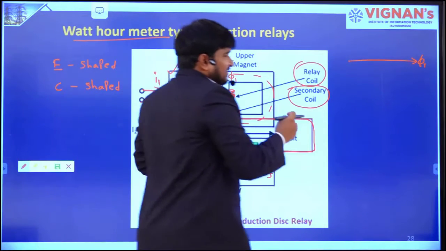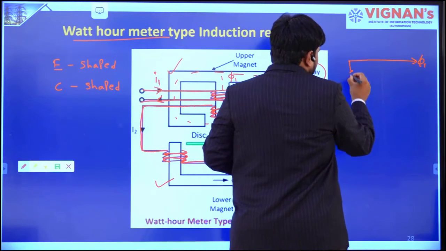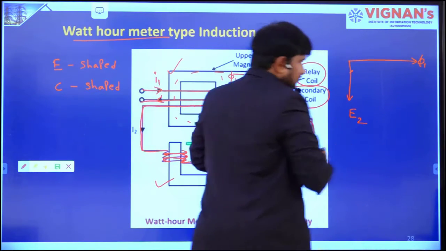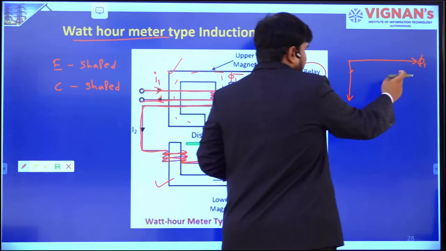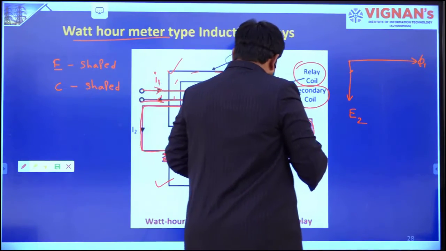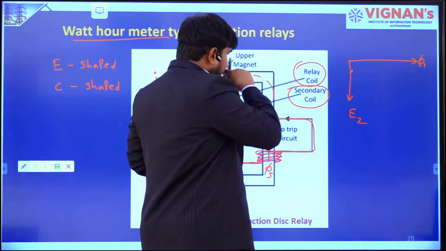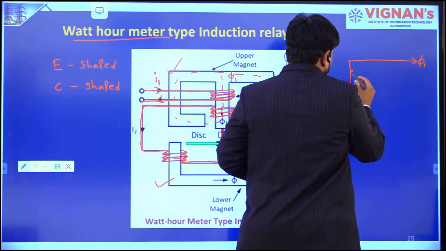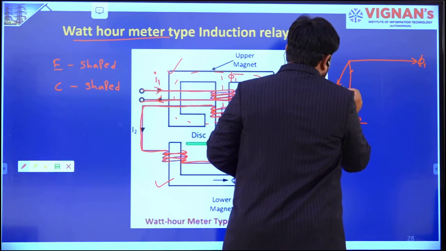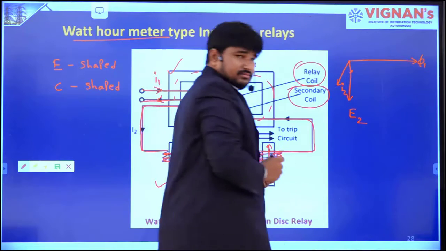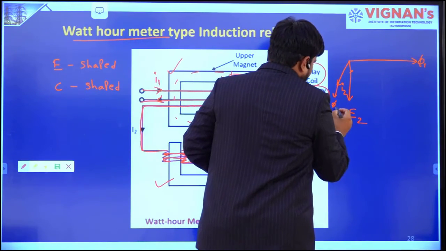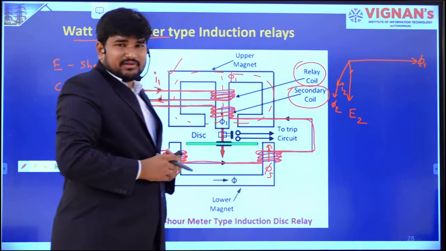So phi 1 is created, and phi 1 creates an induced EMF inside the secondary coil. Because of this, there is an induced current, that is I2. Because of this I2, phi 2 is created.